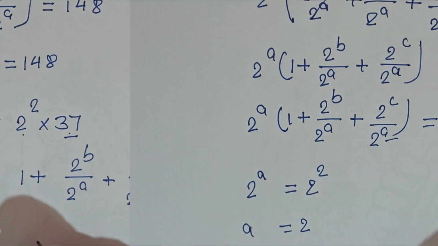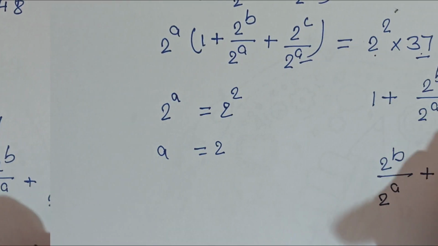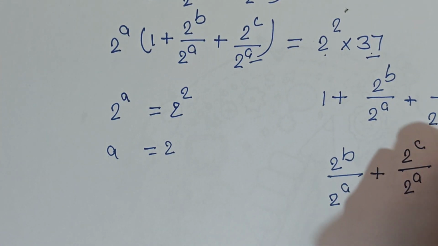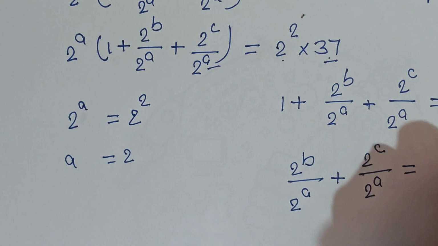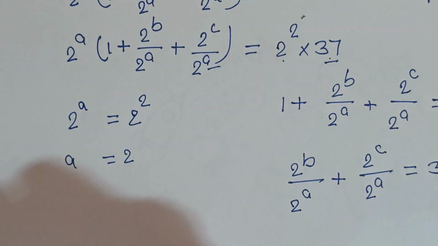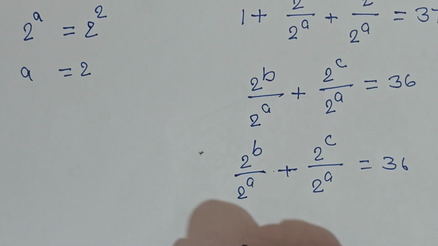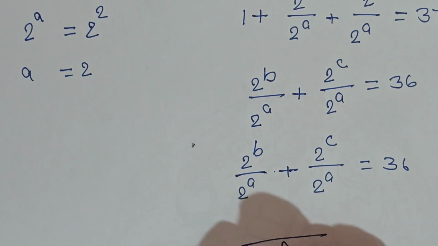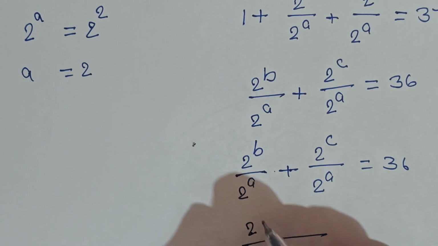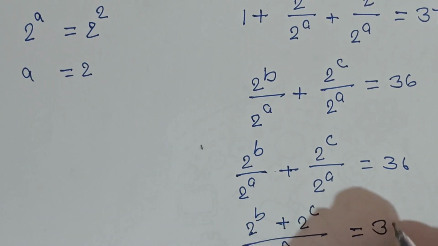So 2 to the power b over 2 to the power a plus 2 to the power c over 2 to the power a is equal to 37 minus 1, 36. 2 to the power a is common, so it will be 2 to the power b plus 2 to the power c is equal to 36 times 2 to the power a.